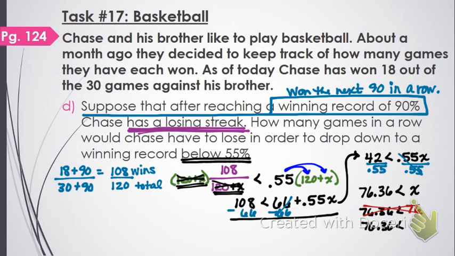If I round it to 77, even though that seems to violate my rules of rounding, is this true? Is the alligator eating the bigger thing here? Yes. So how many games in a row does he need to lose, minimum, to absolutely sink his fantastic record? 77 or more.